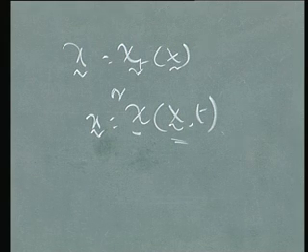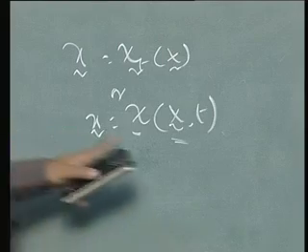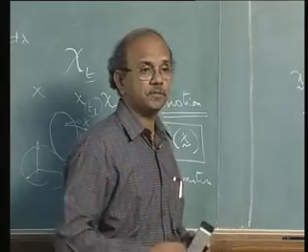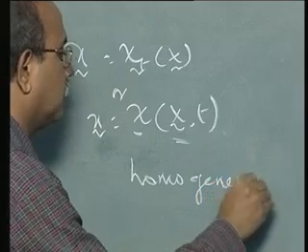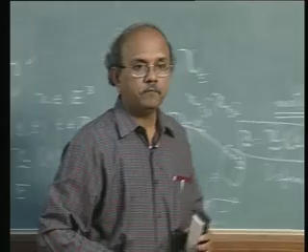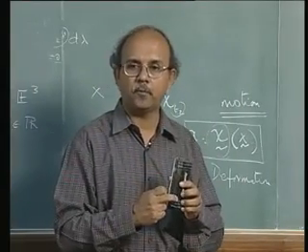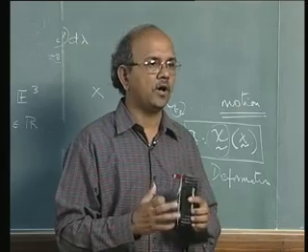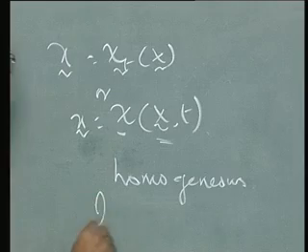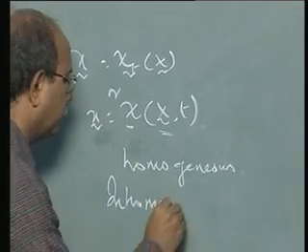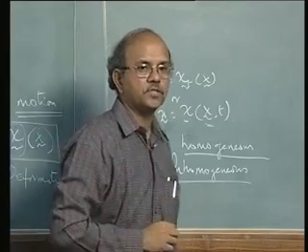If this function remains the same for every point in the body, we call the deformation a homogeneous deformation. If the deformation is such that it varies from one point to another, then we call that deformation inhomogeneous. So please note the distinction between homogeneous and inhomogeneous deformation.